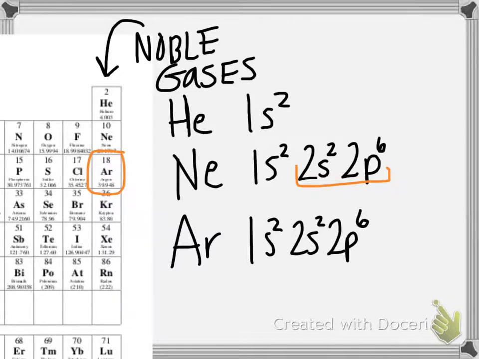What comes after 2p? 3s. We still have, what, 8 to go? 3s2, what comes after 3s? 3p6. And hey, looky there, we're done. And lo and behold, full uppermost occupied main energy level.